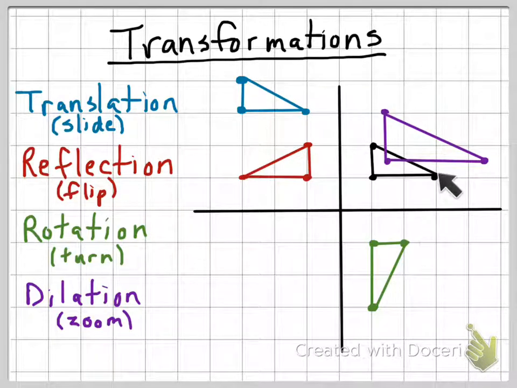And so now this front end is pointing down. It's turning around 90 degrees. And then a dilation, which in this case is just getting slightly larger. Now we're going to look at each one of them in a little more depth.